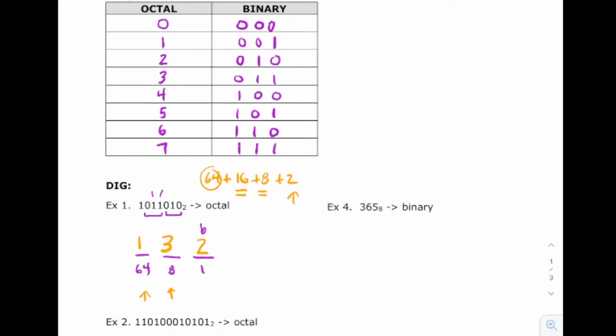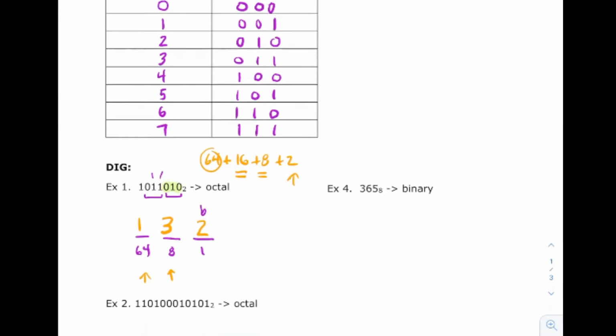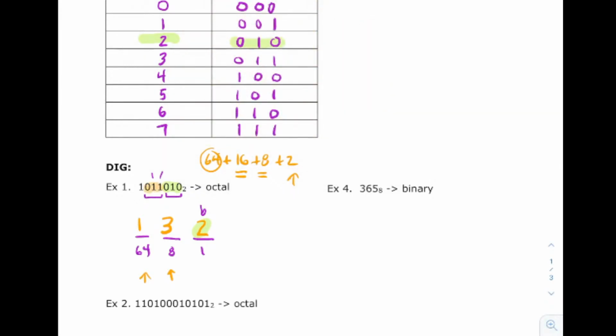We had an 8 plus 2 16s, right? If you look at this 0 1 0, that is a 2. And now, if you look at this 0 1 1, that's a 3. Do you see what's going on here?